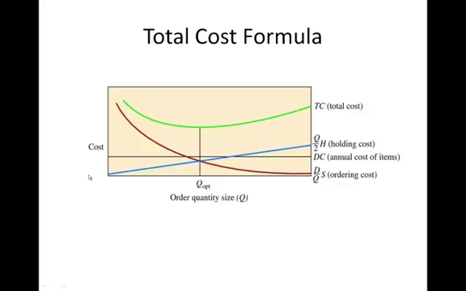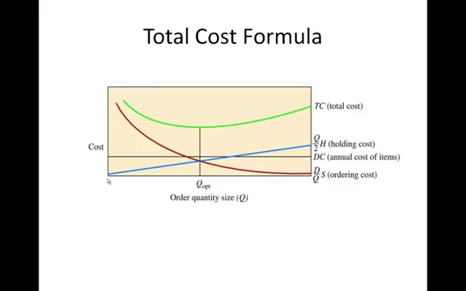Take a look at the blue line. This is our annual holding cost. As our order size gets bigger, of course, our average inventory is going to get bigger, and our annual holding cost is going to get bigger. The black horizontal line simply refers to the annual cost of purchasing the items. That line doesn't change. We're assuming that we'll be paying the same price throughout the course of the year. Take a look at the bright green line.